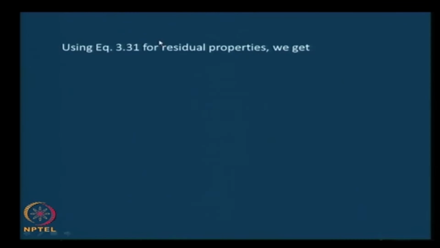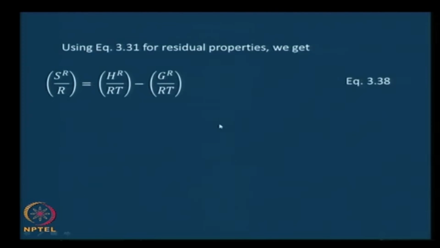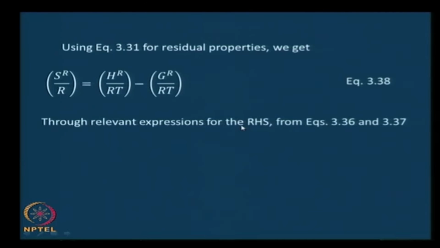Now, using equation 331 for residual properties, we can get the other variables. SR by R equals HR by RT minus GR by RT. This we have already seen earlier, and we have an expression for HR by RT which we just derived by going through the differentiation of an integral and so on, and we also have an expression for GR by RT in terms of the measurable properties.